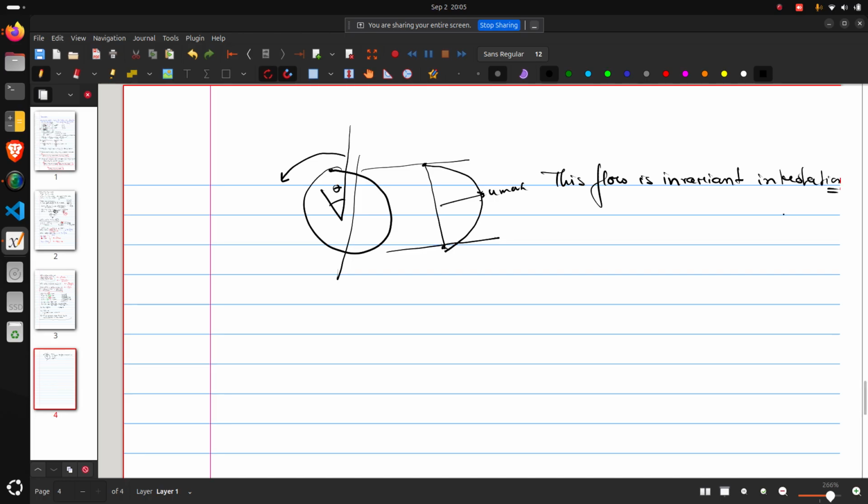This flow is invariant in rotation. What does it mean? It means that when you rotate the pipe flow by any degree, the properties do not change, right?